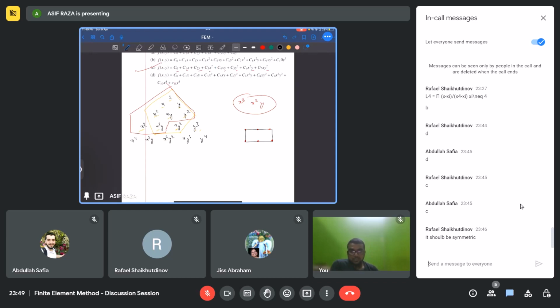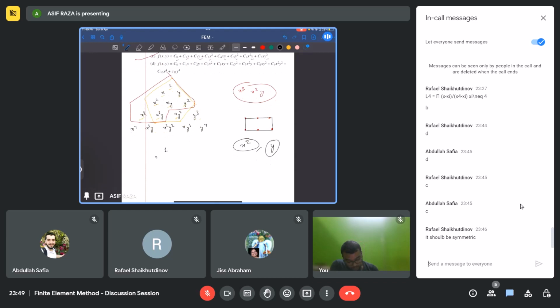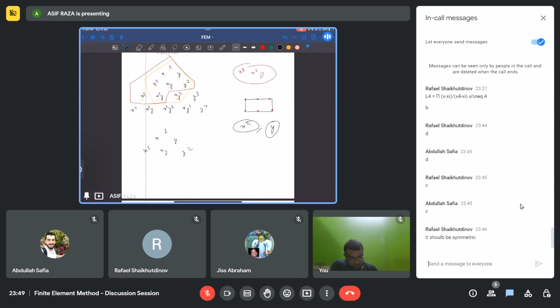In this, there is a quadratic in x, but there is a linear behavior in y. If my question was 1, x, x square, y, x y, y square, till here, the six noded, 1 2 3 4 5 6, this will complete as a whole.